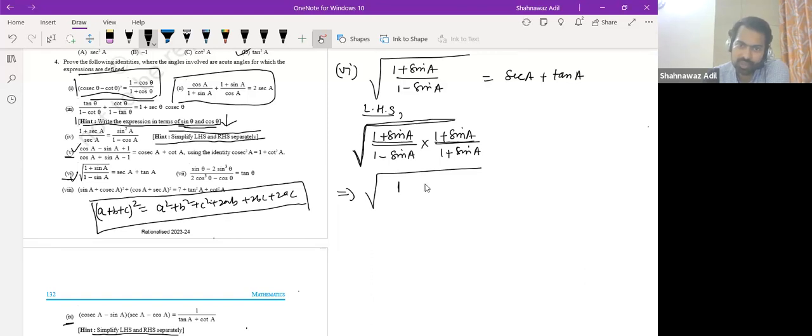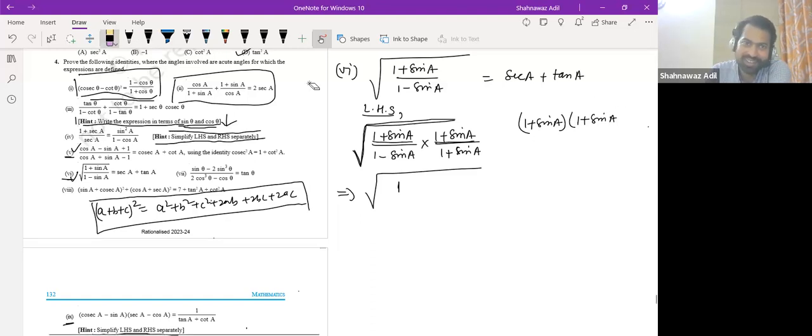1 plus sine A into 1 plus sine A, what is that? What is A into A, Tejasvi?